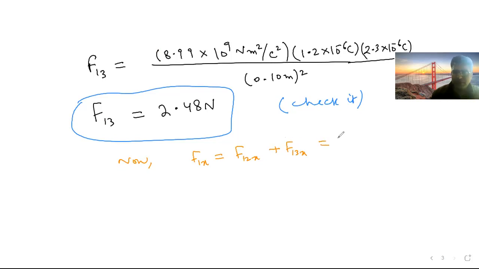Now F12x is just F12 and F13x is F13 sine theta. I will explain it to you from the figure. I am saying F12x is just F12 and F13x is F13 sine theta, F12 being the magnitude of F12 and F13 being the magnitude of F13 vector.